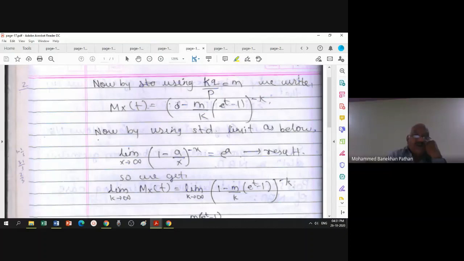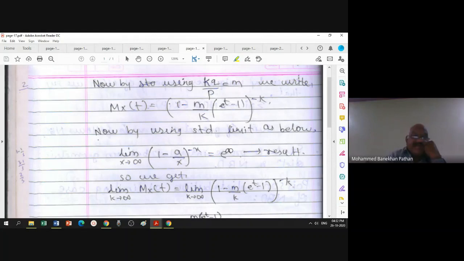You have the 1 minus sign common. Here x, x, x. Here I am taking the limit for k, so x is replaced by k. This is k, this is k. So if I take the limit of the left side with the right side, limit k goes to infinity, MX(t) equals limit k goes to infinity of this bracket.